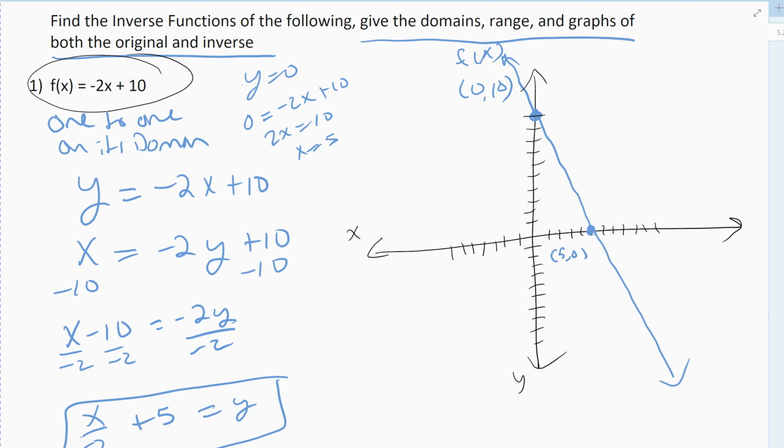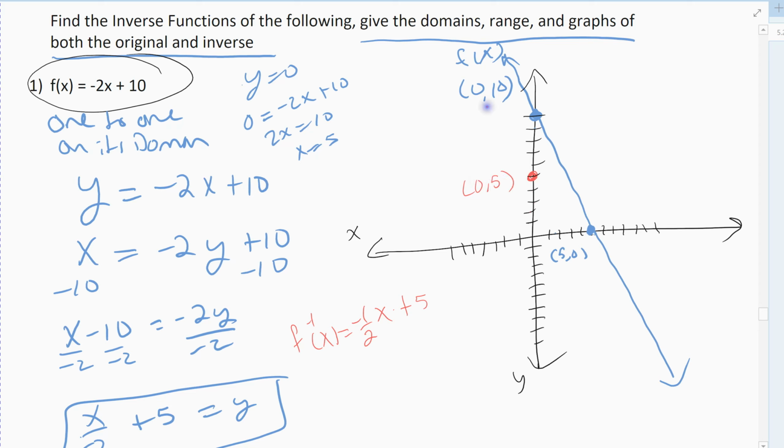Alright, its inverse, so now the inverse, if you remember, was negative 1/2 x plus 5, and so it does go through the point 0, 5, which is the check, right? 5, 0 is on my original, 0, 5 should be on its inverse, and it is. I plug 0 in to my inverse, I get out 5.